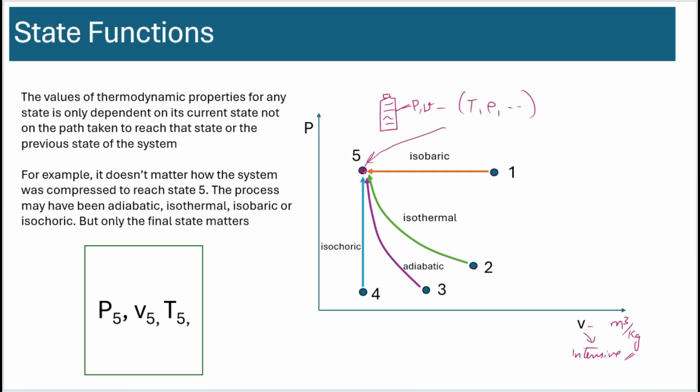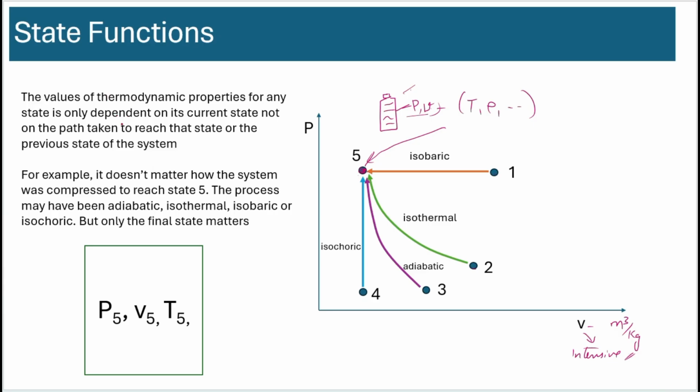When we measure the pressure and the specific volume, all we know is the state of that system. Whether it was compressed isobarically or isothermally or adiabatically or isochorically, you will not know because there's no way to tell. Such a property is called a state function.